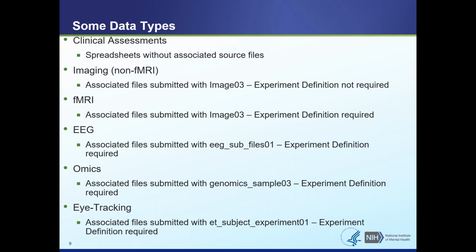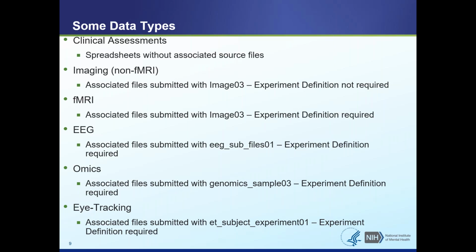Now, when you see image 03 here, EEG subfiles 01, these terms, and that sort of format, you may come to recognize as the ID of a data structure. These are the very data structures I was referring to earlier, the type-specific data structures.